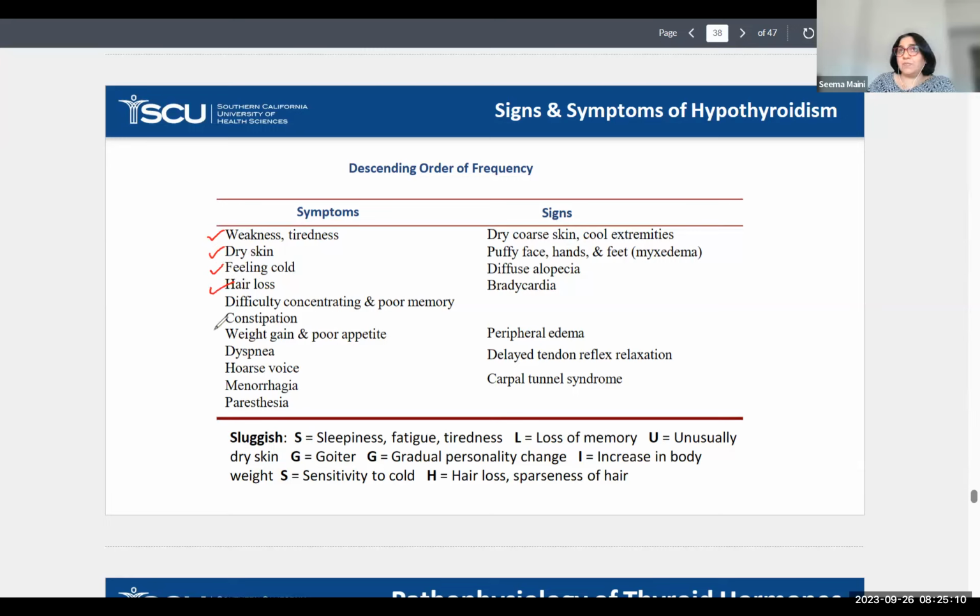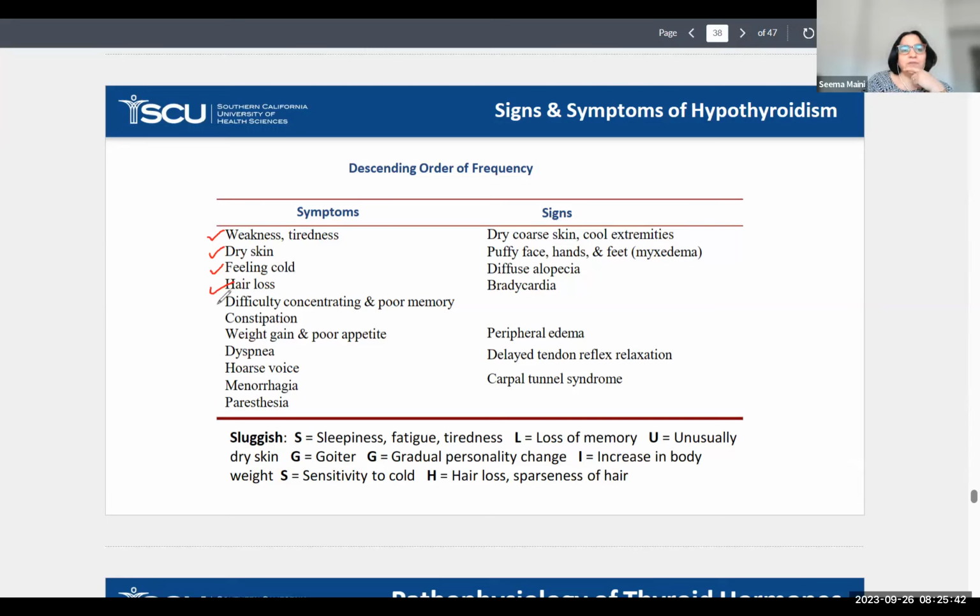Typically, if a person has untreated hypothyroidism for maybe a couple of years, you will see that the lateral one third of the eyebrows is lost. I'm talking about untreated. If the patient is ignoring signs and symptoms and just letting hypothyroidism get worse, then hair loss can be really bad.